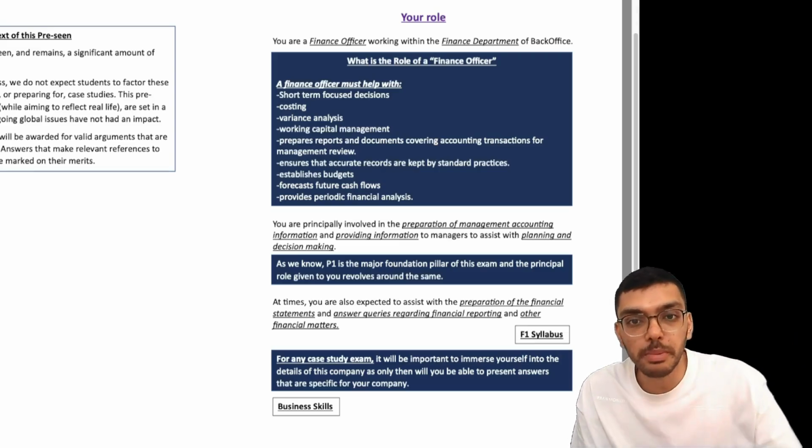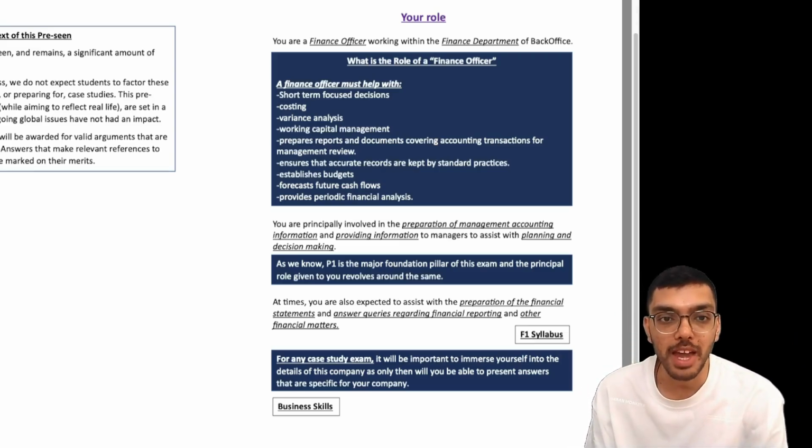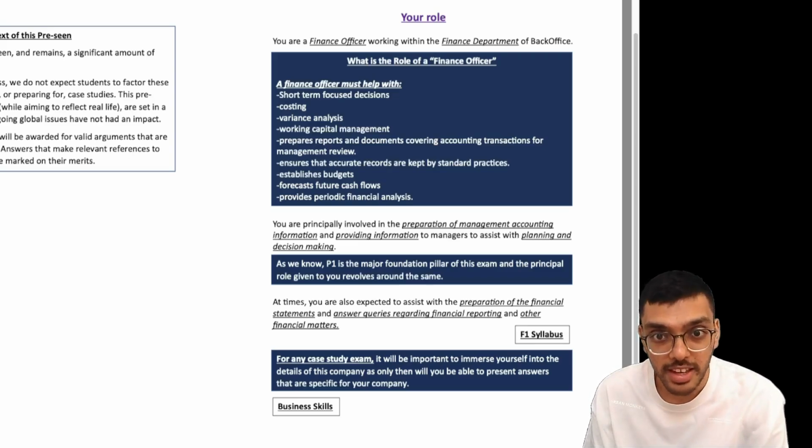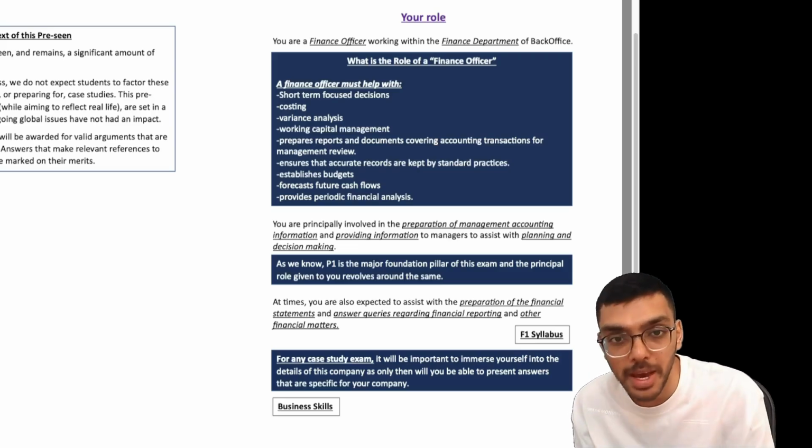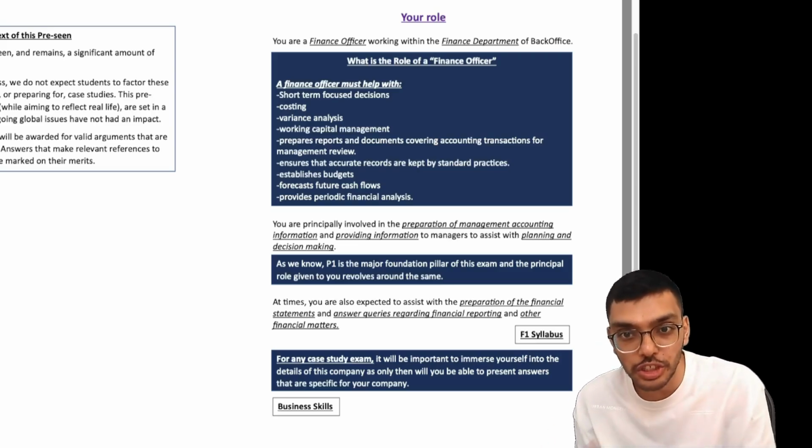So you are principally involved in the preparation of management accounting information and providing information to managers to assist with planning and decision making. They're telling you that your job is to provide information, prepare management accounting, planning, decision.